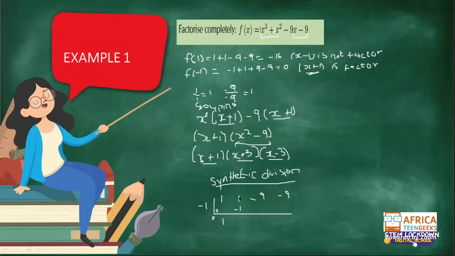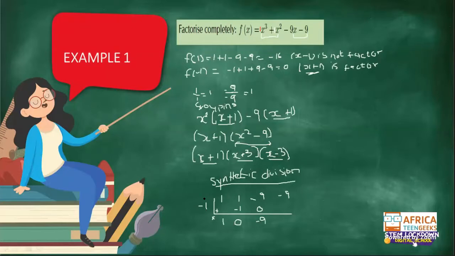And then you add 1 and -1, which is 0. Again, -1 times 0 is 0, and -9 plus 0 is -9.